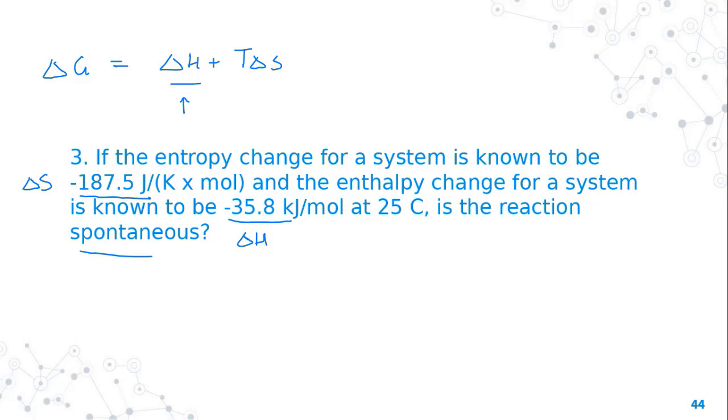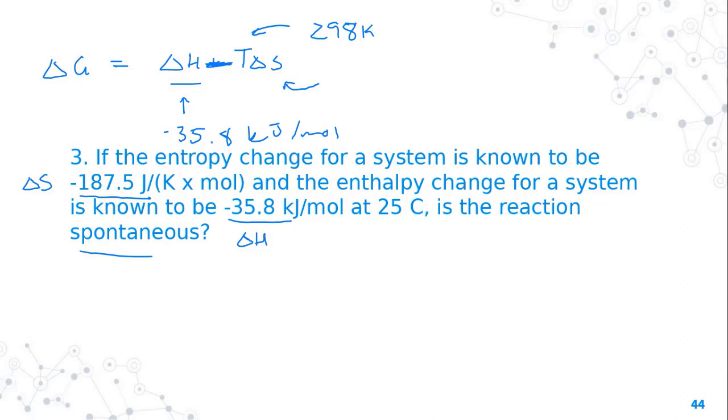Let's plug in negative 35.8, kilojoules per mole. Oh, I'm so sorry. You're right, it's minus T delta S. Thank you for the correction there. All right, and then T is going to be 298 Kelvin.